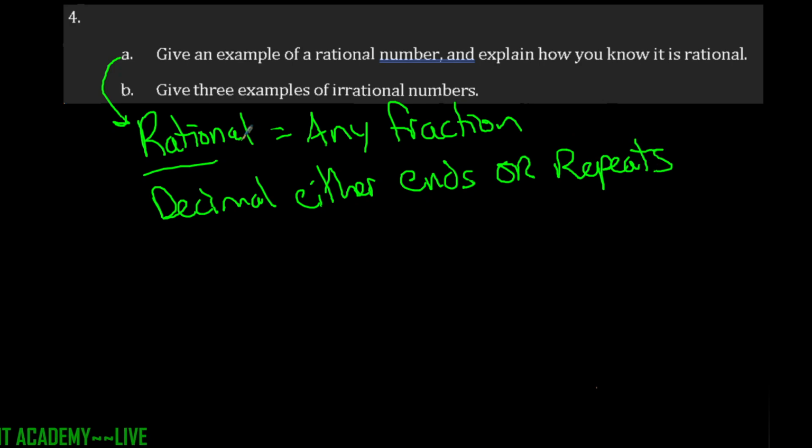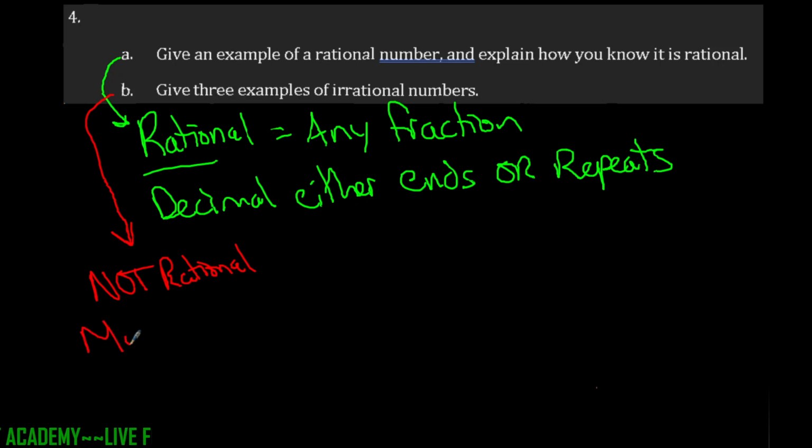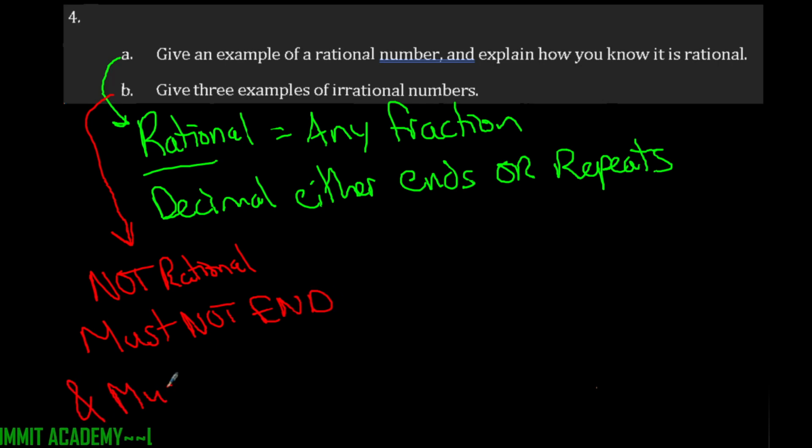If I'm looking at the irrational number, however, it is the opposite. So it's the ones that are not rational. That means it must not end, and it must not repeat.